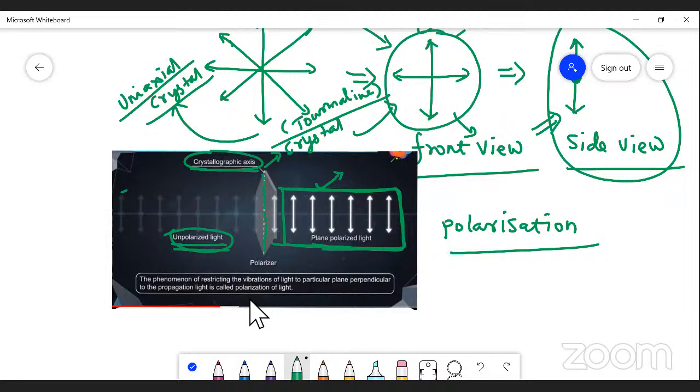Okay. Come on, all of you say. What is meant by polarization?